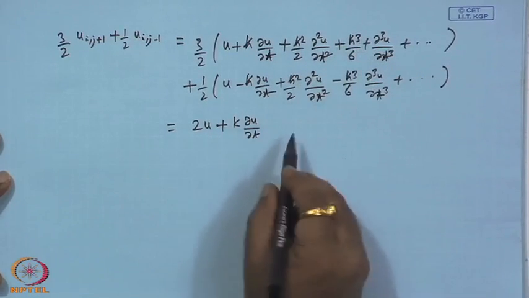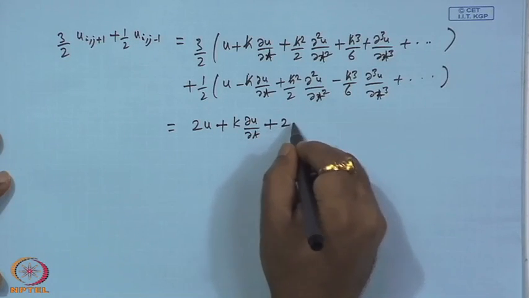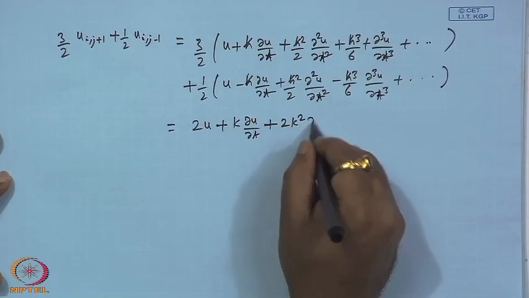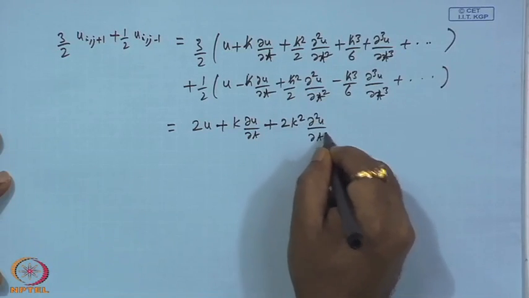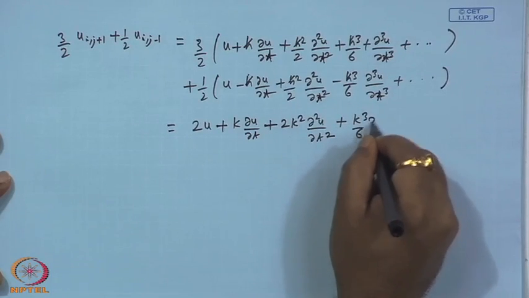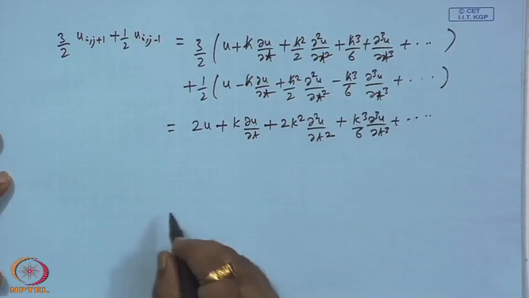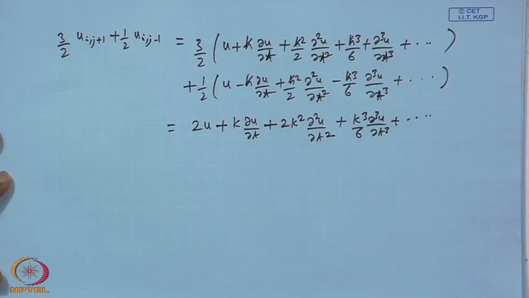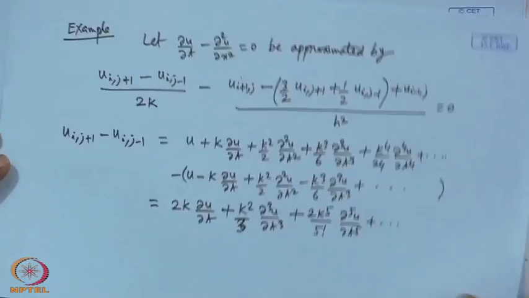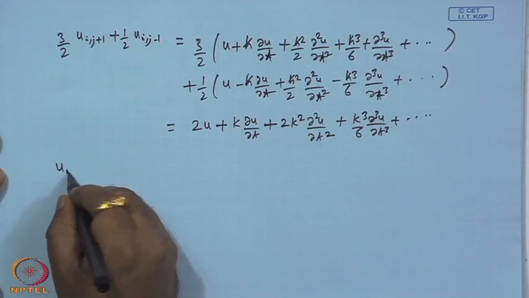Okay. So, k then. Okay. So, then we are left with 2 more terms, this and this. Okay. So, that also we can compute.